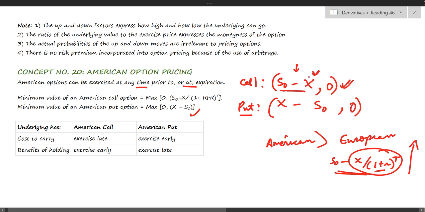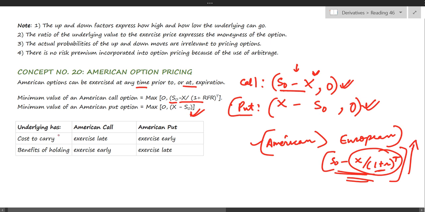So in order to fulfill this criteria, the value of an American option has to be at least equivalent to the value of a European option. And that is why in case of the call option, we have replaced this equation with the value of the European call option.